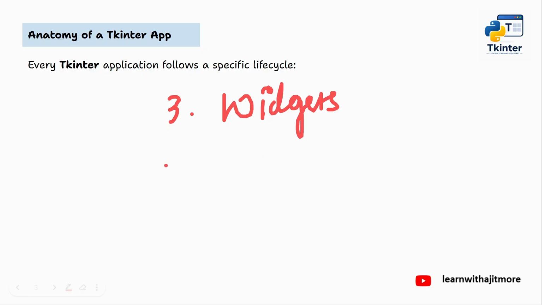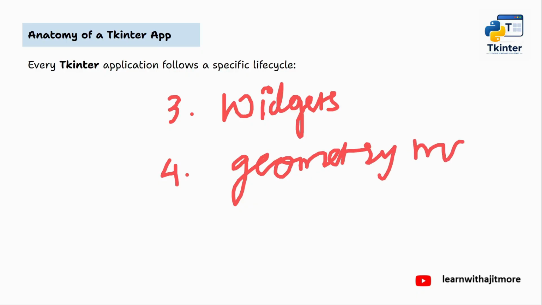In the same way, here we have a geometry manager, and that geometry manager is responsible for placing your components, meaning widgets, within the window. Within the window, where will the components be visible, and how will their placements be done?